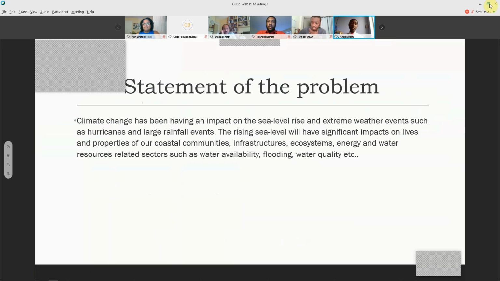So the statement of the problem. We know that in our world, and it has always been an issue, climate change has been impacting our world. And this impact has really affected sea level rise in a negative way.